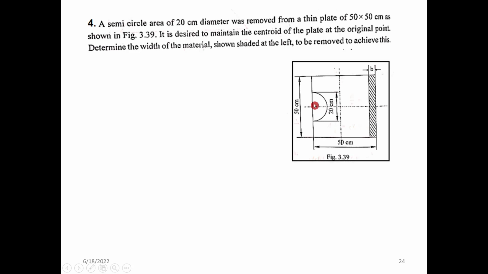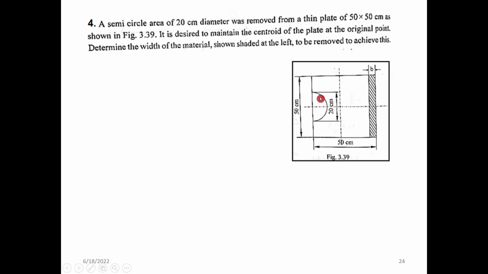It is designed to maintain the centroid of the plate at the original point. So we need to bring back the centroid to this point. For that, determine the width of the material shown shaded on the left to be removed to achieve this.